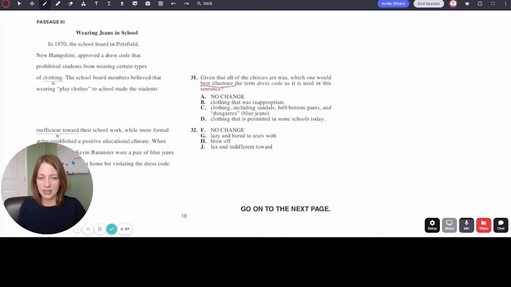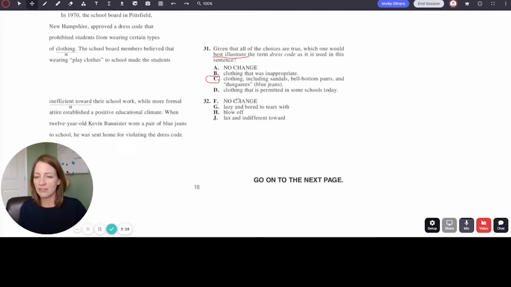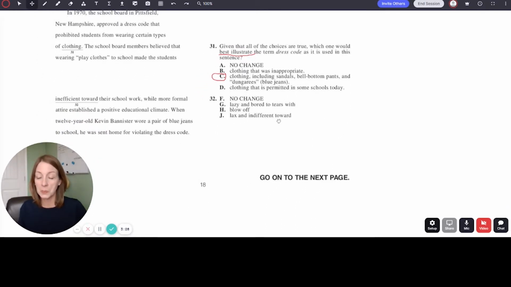So best illustrates certain types of clothing that was inappropriate, certain types of clothing, including sandals, bell bottoms, and blue jeans. So I think going for a more specific illustration is the best way to go instead of just the vague, inappropriate clothing. That gives it a little more definition. So we'll see. All right, 32.